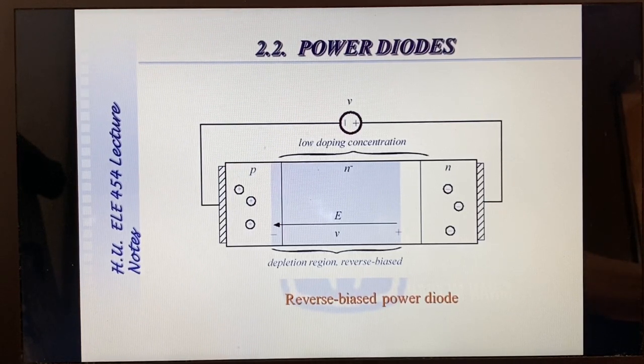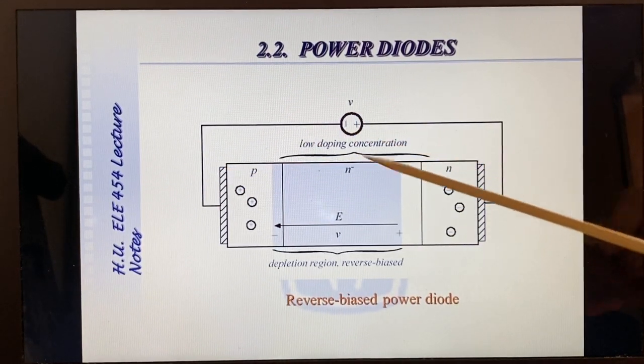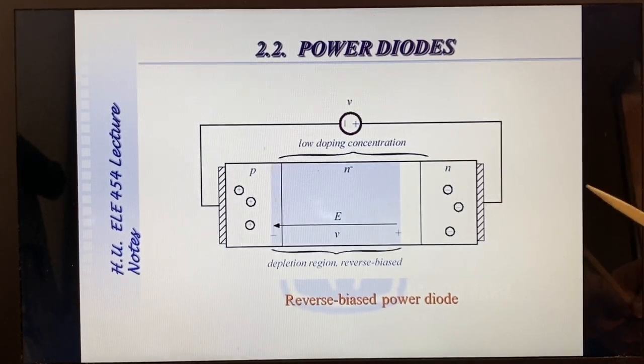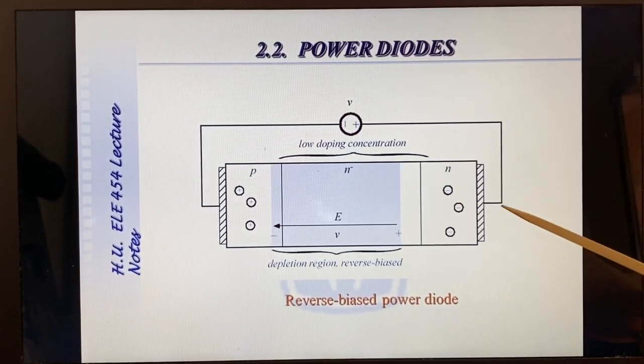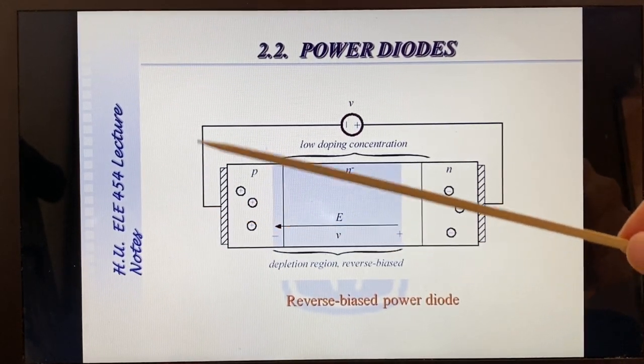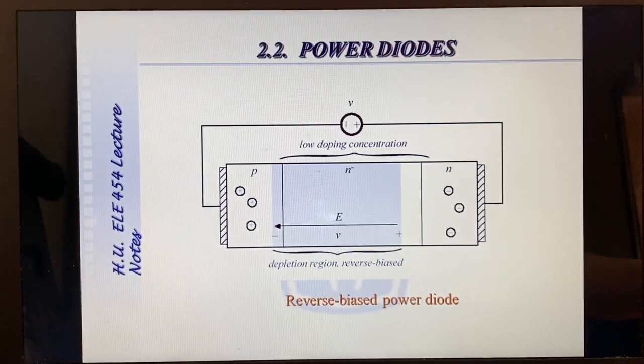When such a junction is reverse biased, that is, the P-type material is negatively biased whereas the N-type material is positively biased, the free electrons on the N side are attracted towards the positive bias, whereas the holes go towards the negative bias, forming at the central region a depletion region free of carriers.